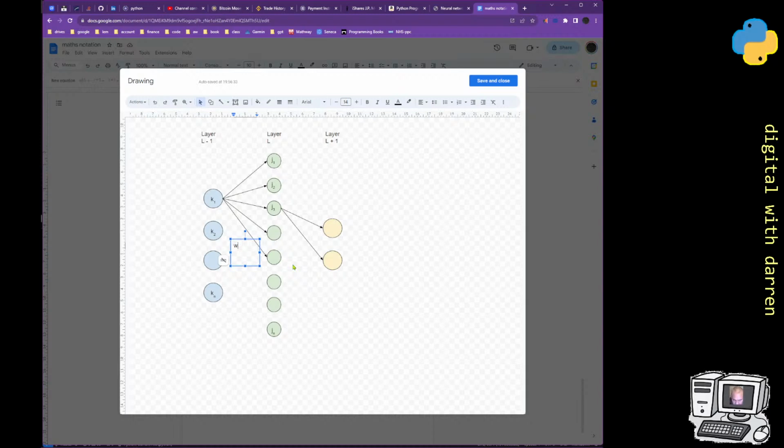But W, and then we're going to have a subscript here, and it's going to be, for example, W1 to, in our particular case, we've got 1, 2, 3, 4, 5.